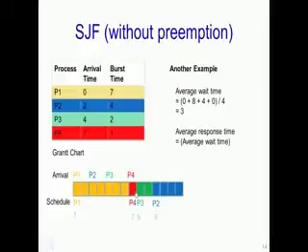Therefore, P4 executes in the CPU and then P3 because P3 has a shorter burst time than P2, and finally, P2 gets executed. So, if we compute the average wait time, we see that it is 3 cycles.